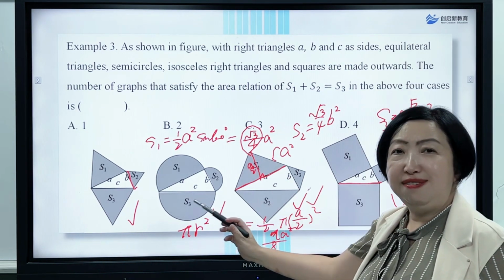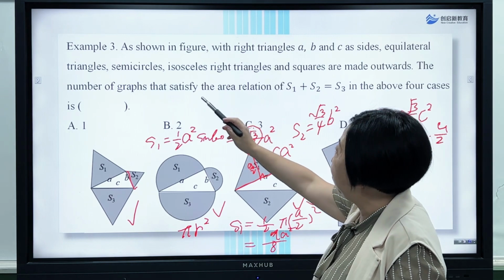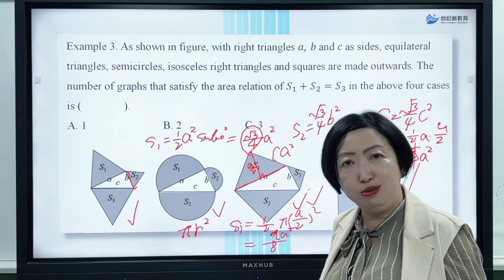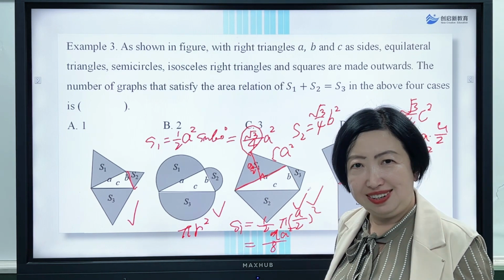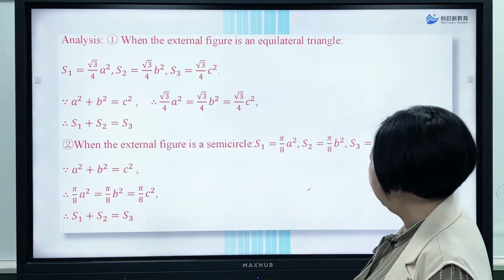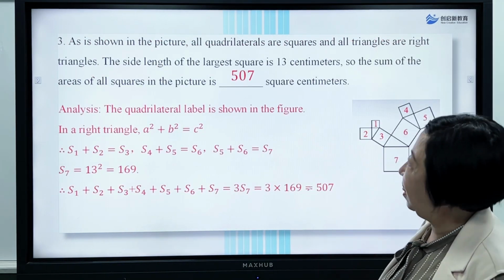So the area is okay. It satisfies the area relation S1 plus S2 equals S3. It's an interesting question.